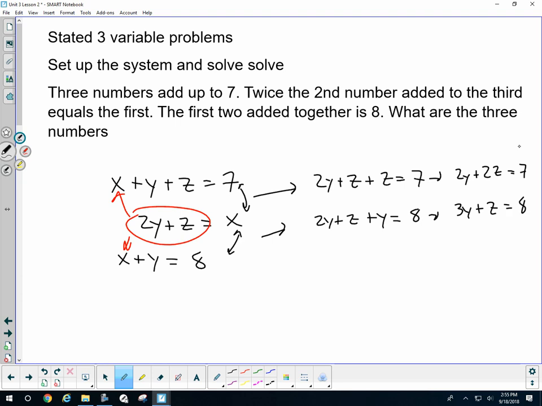Okay? I can solve this system. Call this guy A, this guy B. I can multiply B by -2 and add it to A. So I have 2y plus 2z equals 7. -6y plus -2z is equal to -16.